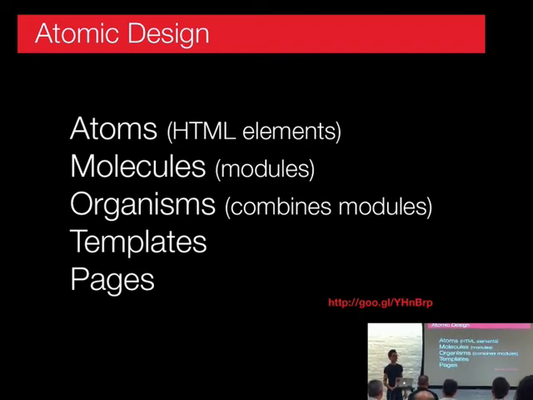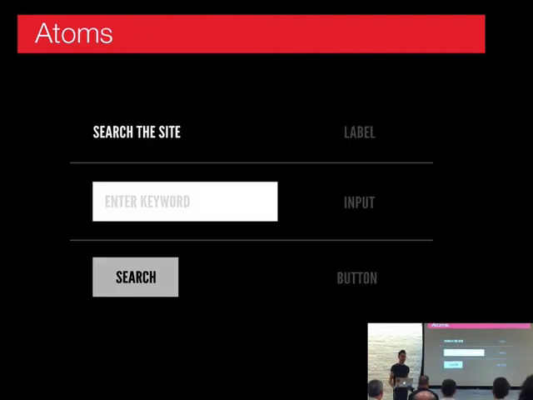If you're not following him, definitely check him out because he's very, very smart. And this is probably my favorite thing that he came up with. So atoms are HTML elements. You can see a label on the right-hand side, an input, and a button. And now we've applied some styling to these, so it looks more presentable and closer to what the UI is going to be.